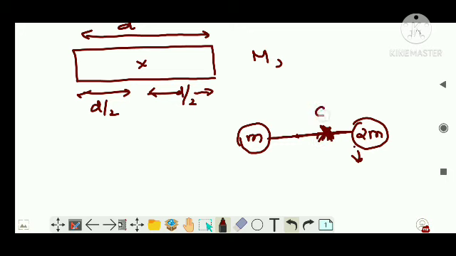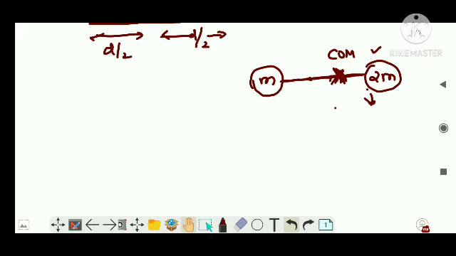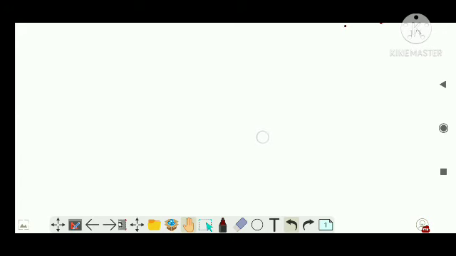That means the center of mass is closer to the larger mass. This is very difficult. You have to have a perfect equation by which you can find the scenario, and you need not do assumptions. That's why we are going to introduce what is known as the formula of center of mass.